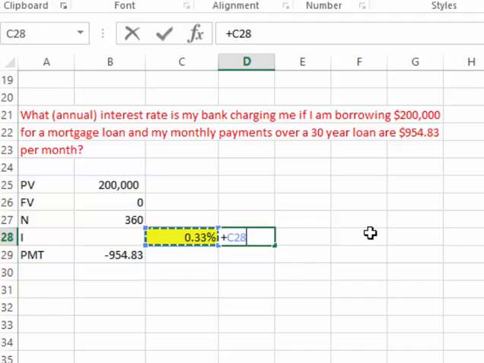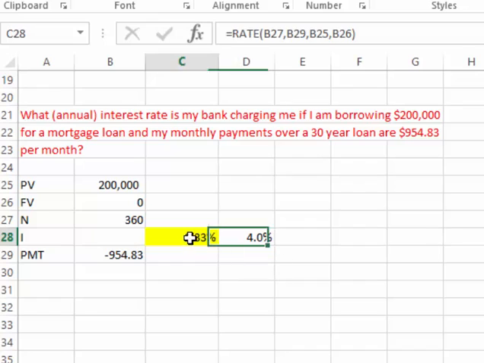I'm going to multiply my output, the 0.33%, times 12, and this is a more appropriate answer. 4% is the interest rate that the bank is charging me. That's an annual number, and it's understood to be an annual number, and so that would be the correct and final answer. If you stop here, you've given a partial answer.